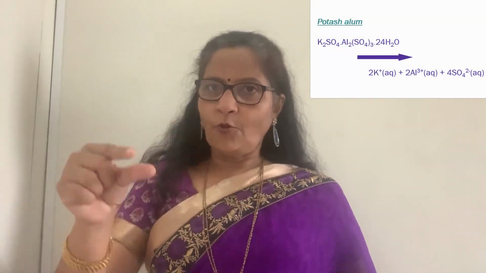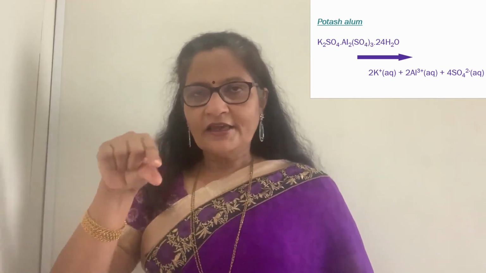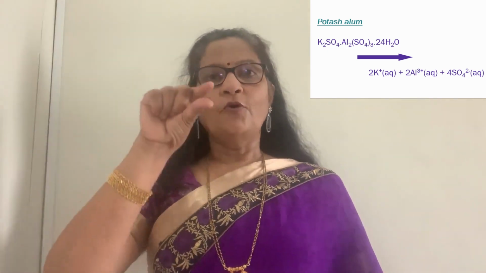What happens when potash alum is added in water? It gives the ions K plus, that is potassium ion, aluminium ion and sulfate ion. Potash alum has the formula K2SO4, Al2(SO4)3, 24 H2O, with 24 water of crystallization. It is obtained from an equimolar mixture of potassium sulfate and aluminium sulfate.